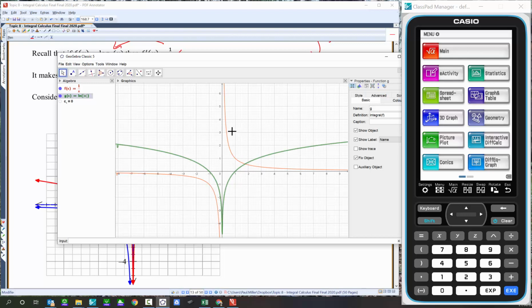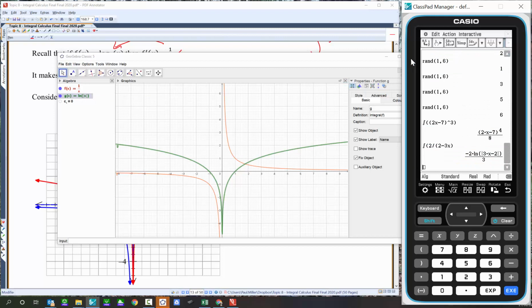Now it seems to make sense because, well, here's my hyperbola, the orange one's the hyperbola, and it has a domain, the set of all real numbers not including 0, okay? So this part would have a parent function and this part would have a parent function, okay? And so the way this integrates it, it shows me the parent function is log e, and it's got these bars here, which means the absolute value of x.